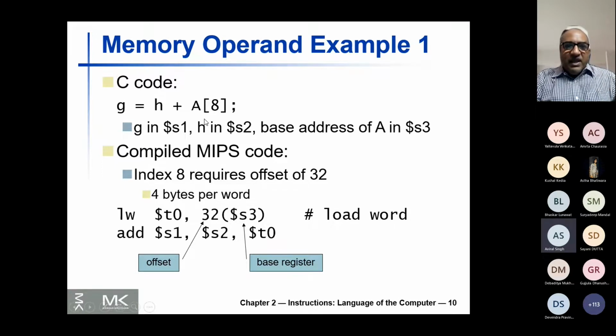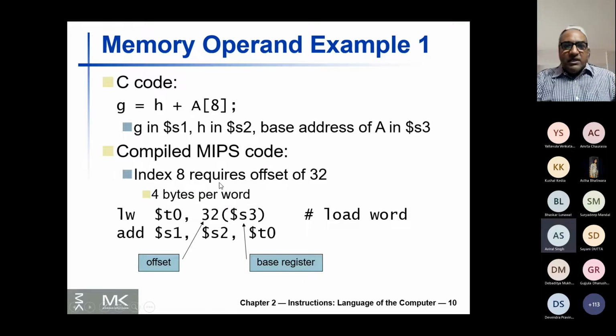The starting address of the array is assumed to be available in the register S3. It is known as the base address. After knowing the base address, we have to find where A of 8 is, the 8th element in the array.